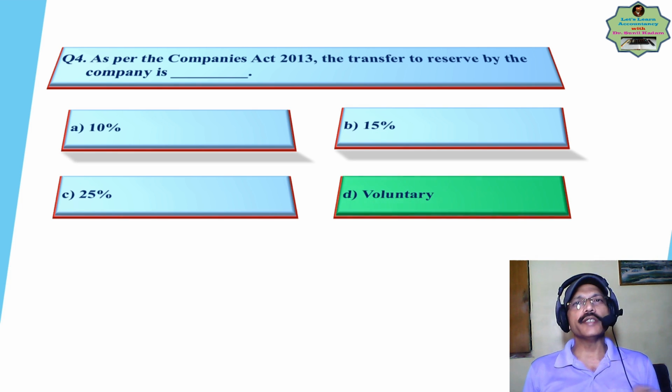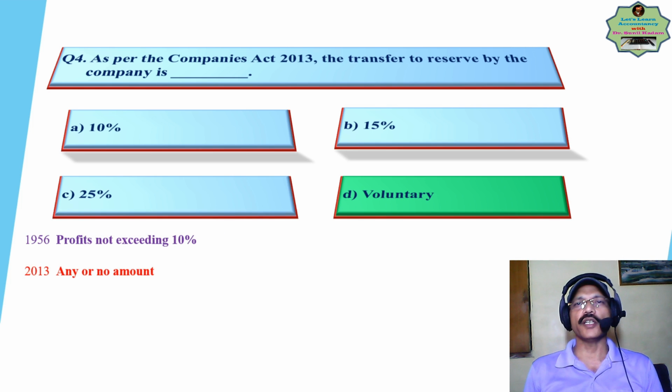Why is it voluntarily? When the amendment was carried out, they removed the compulsion. In the old Companies Act 1956, it was mandatory for every company to transfer at least 10% of their net profit. That is a maximum limit, not at least. The maximum 10% they can transfer.